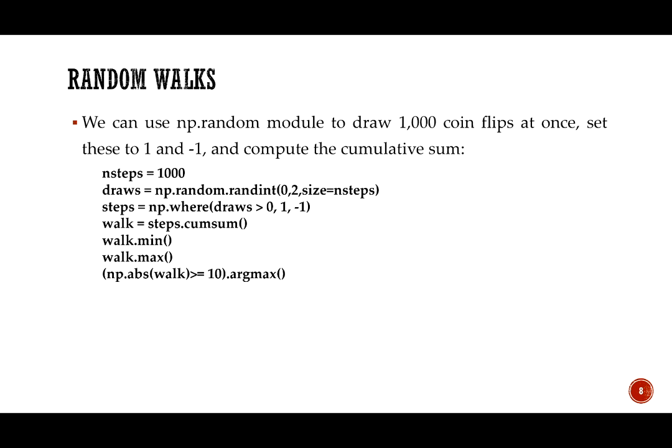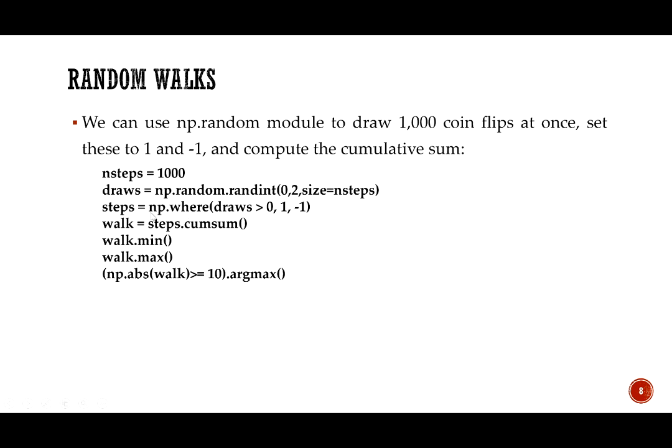First, the number of steps variable is 1,000, and then we generate 1,000 outcomes for flipping coins: np.random.randint between 0 and 2, and the size is equal to n_steps. And here we can define conditions for arrays using the where keyword.